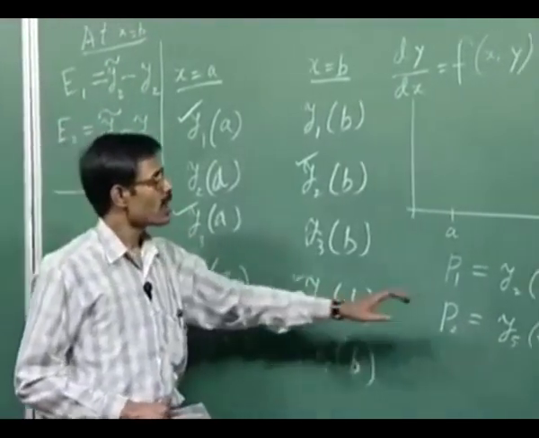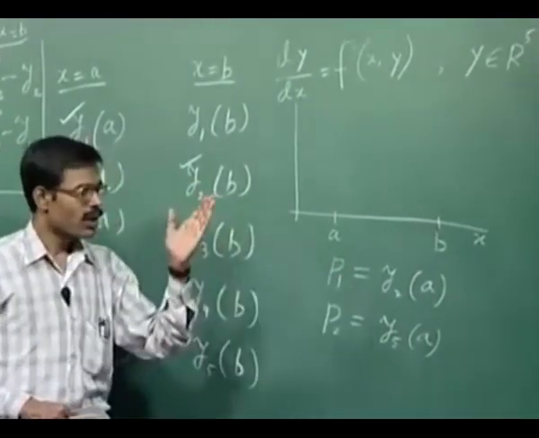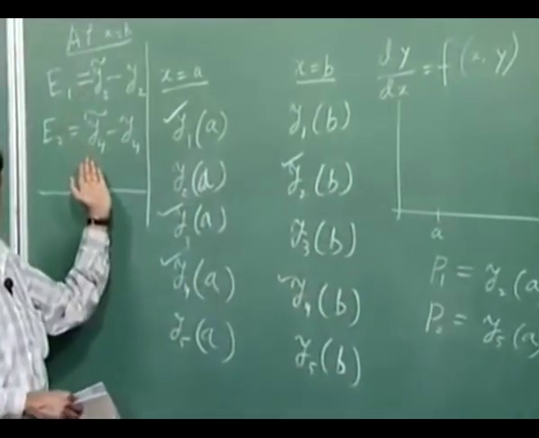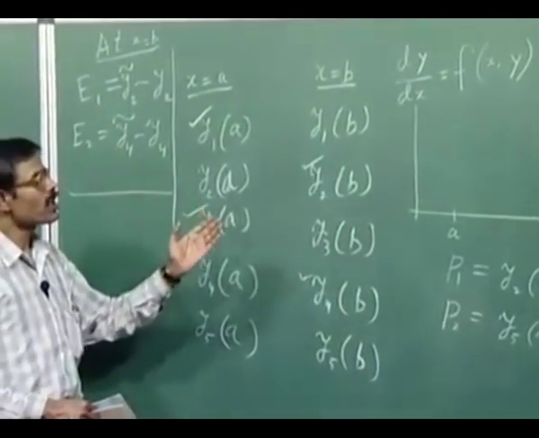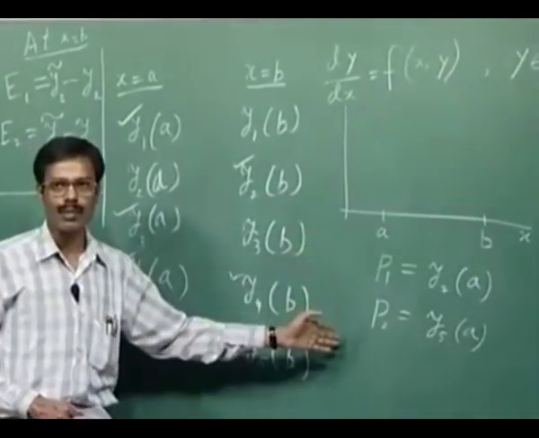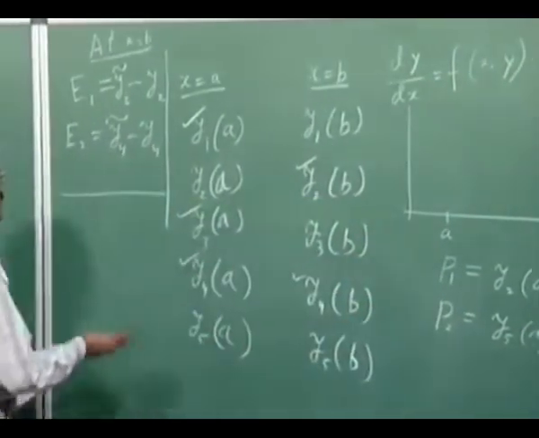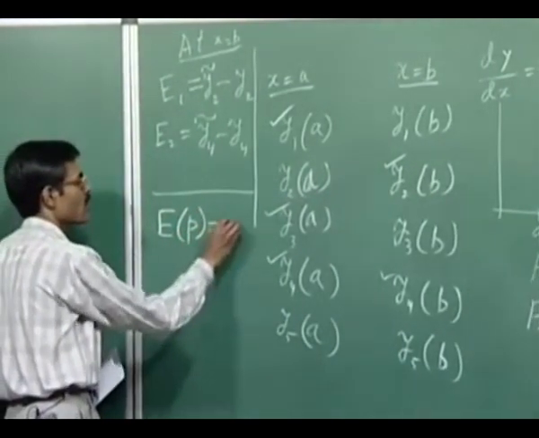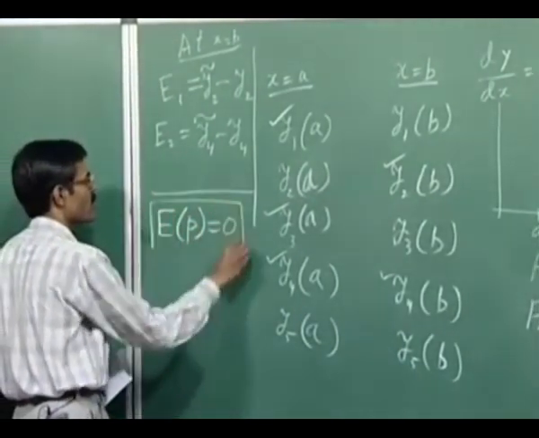Now, note that with small changes in P1, P2, there will be small changes in E1, E2, right. So, that way we can consider E1, E2 as functions of P1, P2, and then try to solve this system of equations.